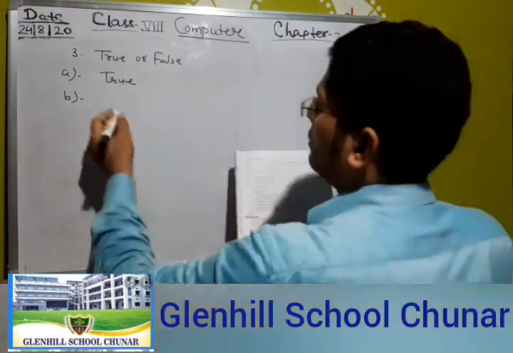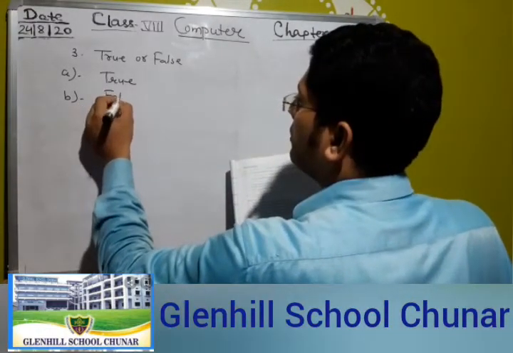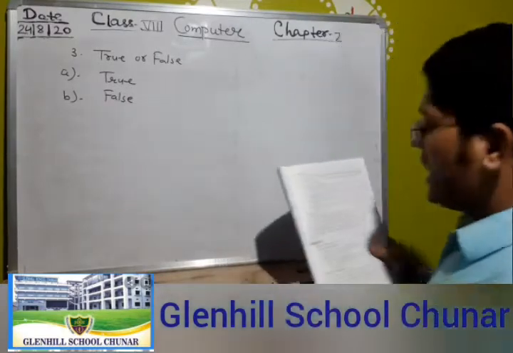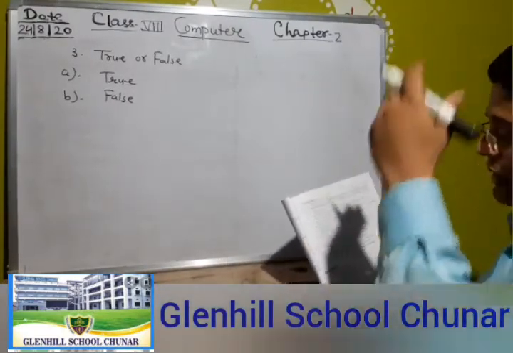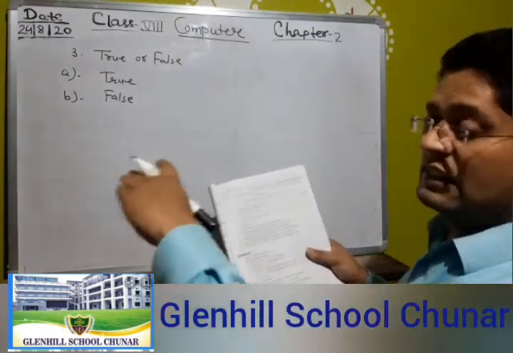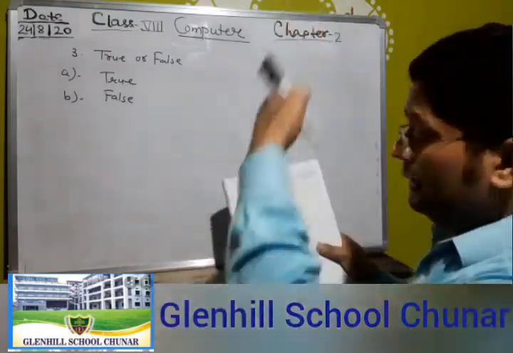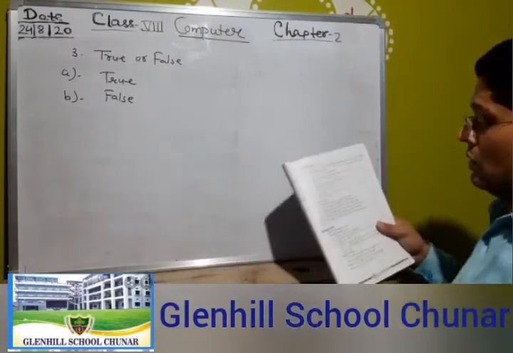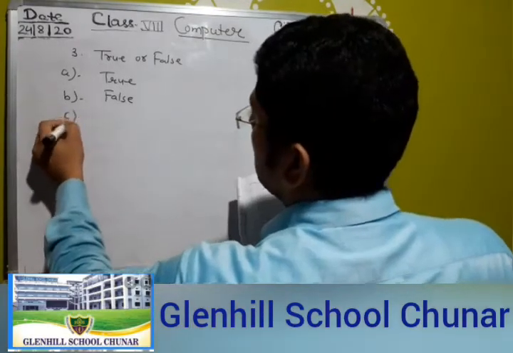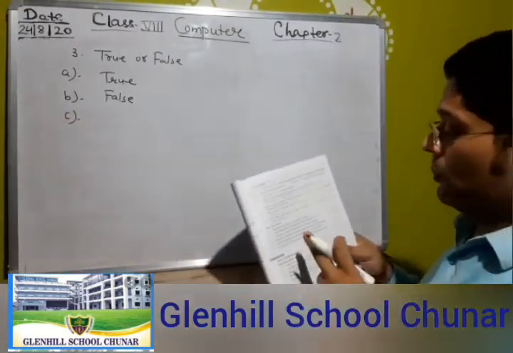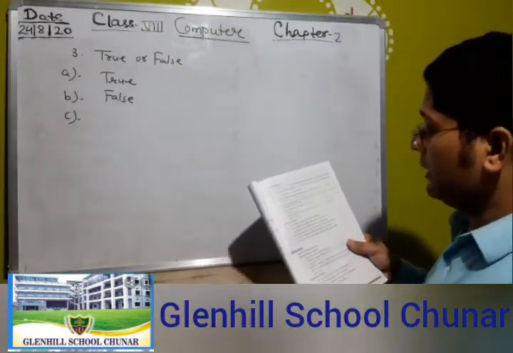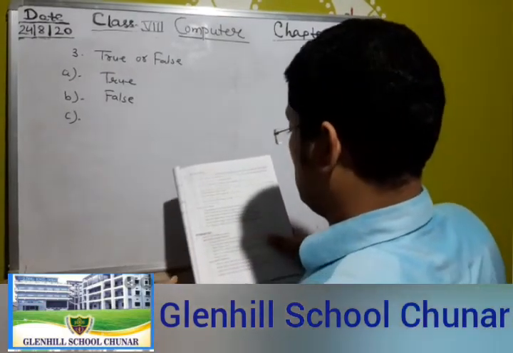No, that's false. Data organized horizontally is a row, and vertically is a column. C. Excel opens the pivot table field list on the same worksheet.